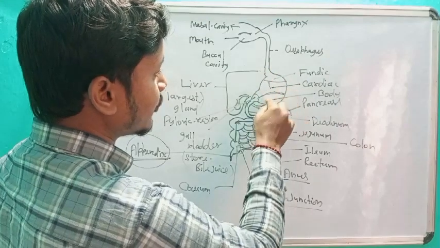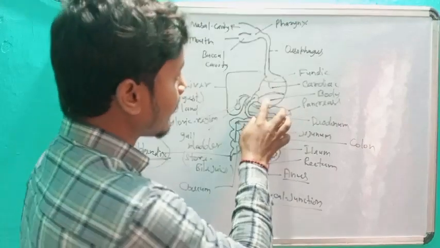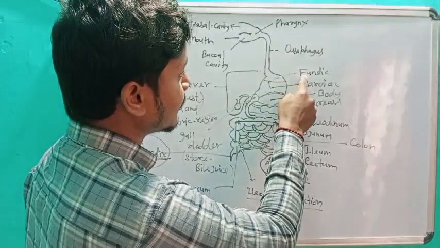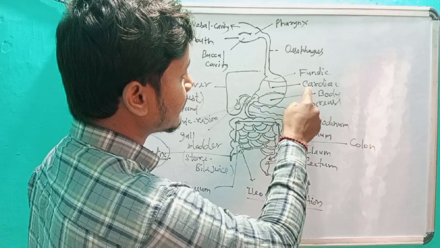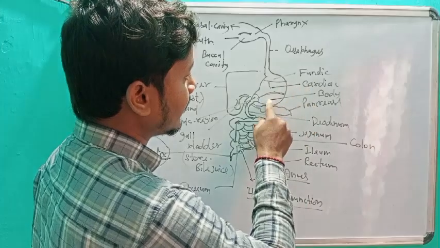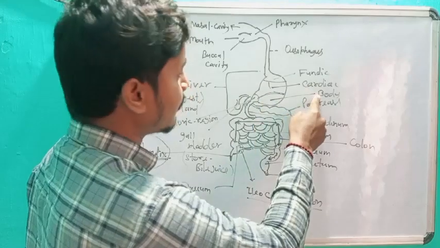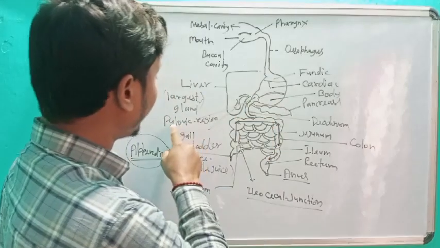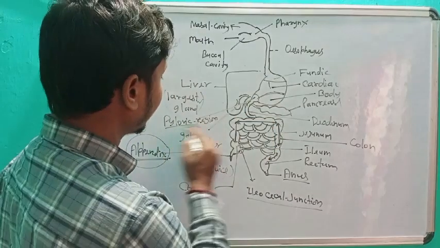The stomach is divided into four major parts. The upper portion is known as fundic, next is cardiac, next is the body region, and the last portion of the stomach is the pyloric region.